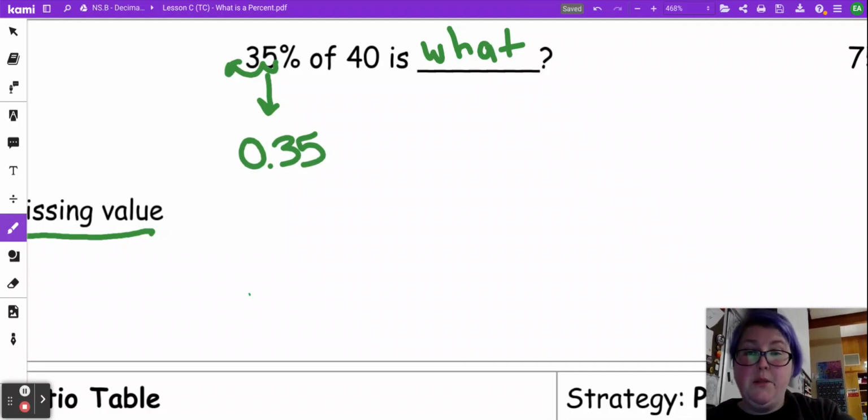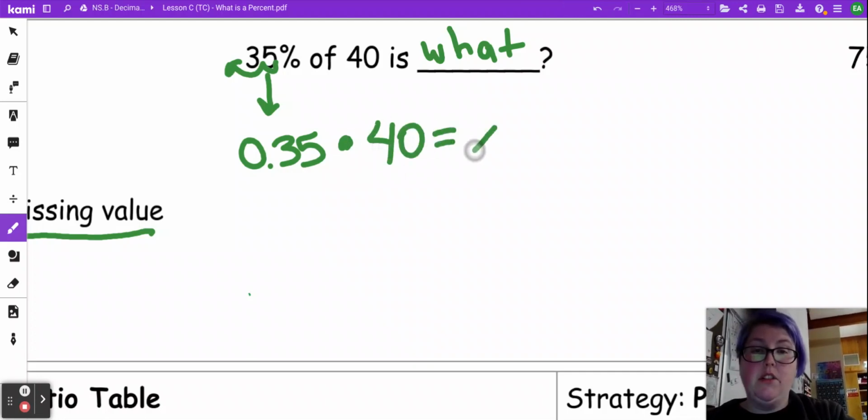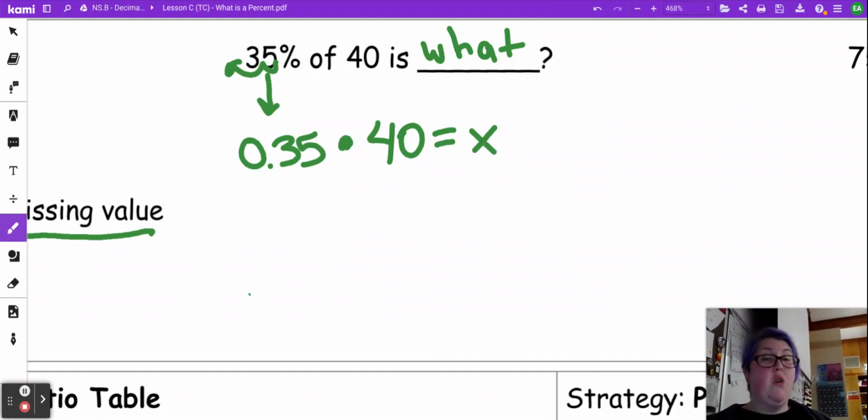Of actually means multiplication. So of 40 means multiplied by 40 is equals what? We don't know. It's an unknown. It's X. So 35% of 40 is what? In a number sentence in math is 35 hundredths times 40 equals X. So now we just perform the operation.